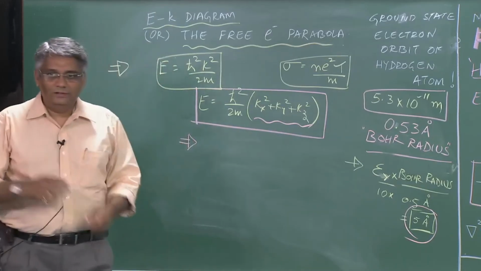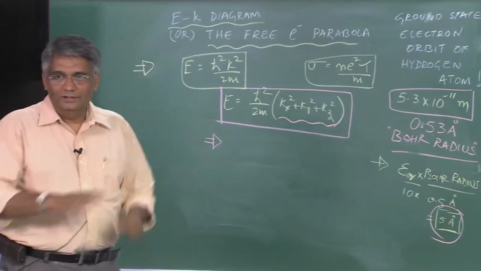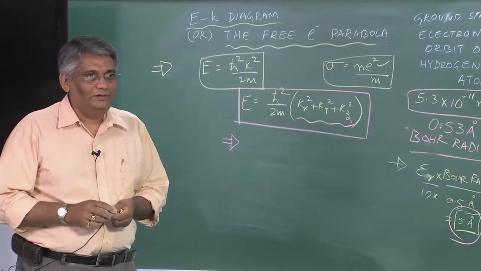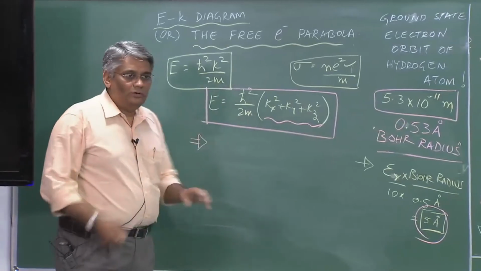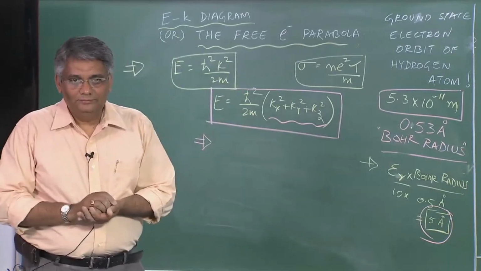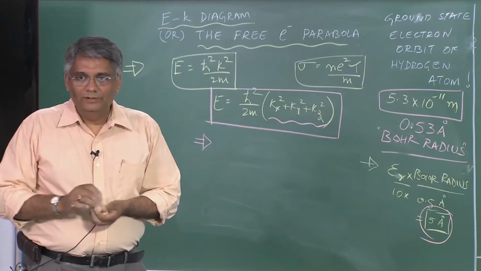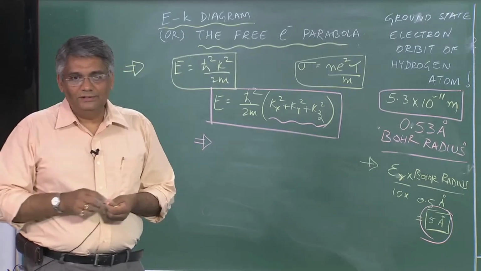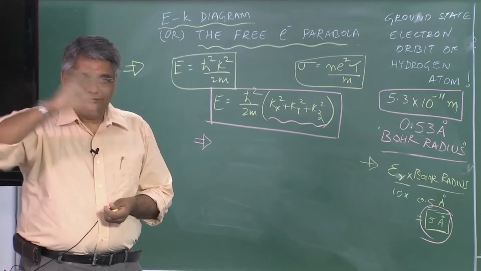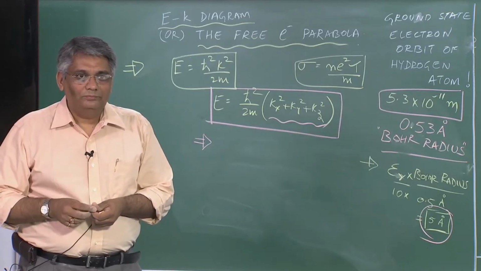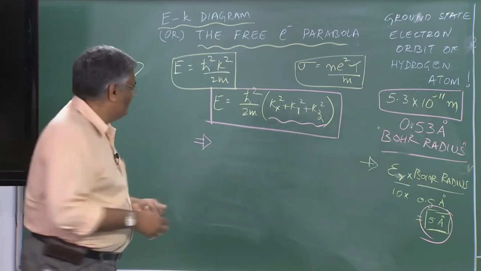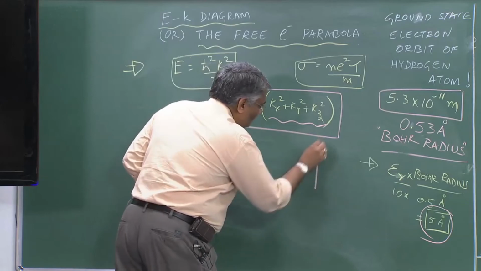That means if you look at the electronic energy states in the 3-dimensional case, the electrons occupy a sphere, with the topmost energy attained on the surface of the sphere.